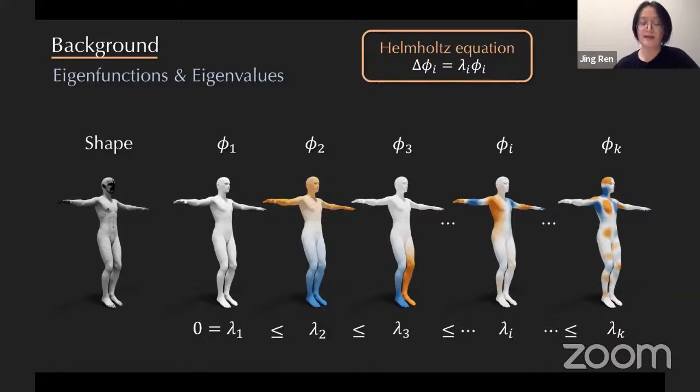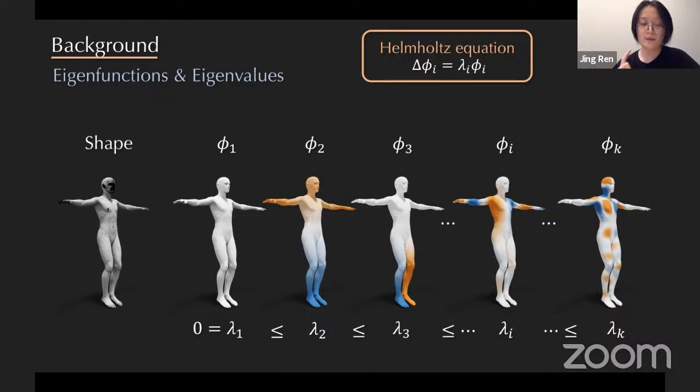Actually, we can find some intrinsic features directly. We just need to define the Laplace-Beltrami operator delta on the shape, and apply eigendecomposition to this operator delta, and we can get a set of ordered eigenfunctions with respect to their non-negative eigenvalues. So here I show a small subset of eigenfunctions on the human body, and each of the eigenfunctions is just a per-vertex function defined on the shape.